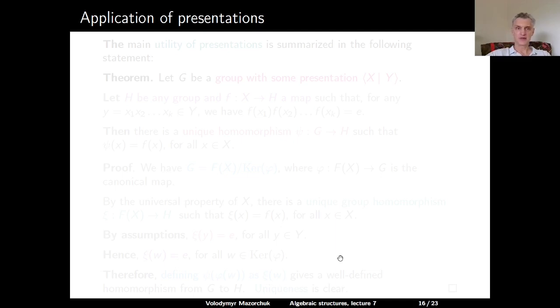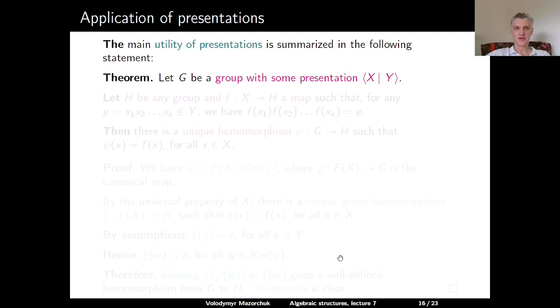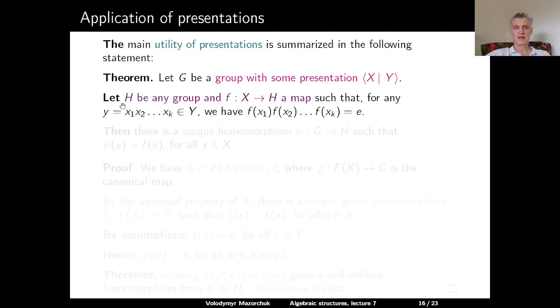Let us now briefly talk about applications of presentations. So the main utility of presentations can be summarized in the following statement. Theorem. Let G be a group with some presentation with generators X and relations Y. Let H be any group and let f be a map from X to H such that for any element y in our set of relations, if you write y as x1, x2, and so on xk, f of x1 times f of x2 times and so on times f of xk inside H is equal to the identity.